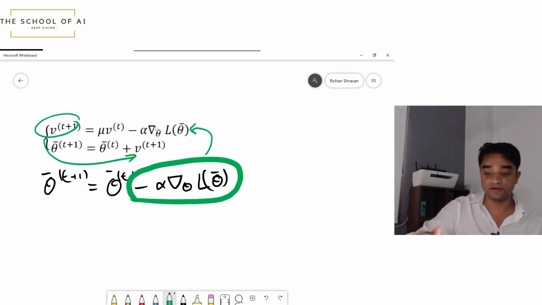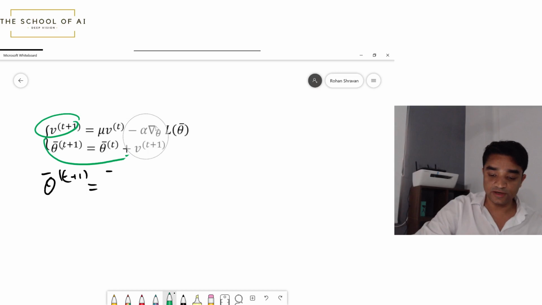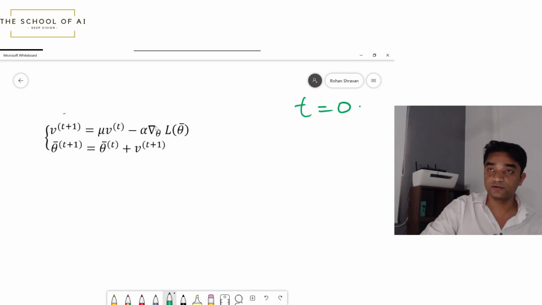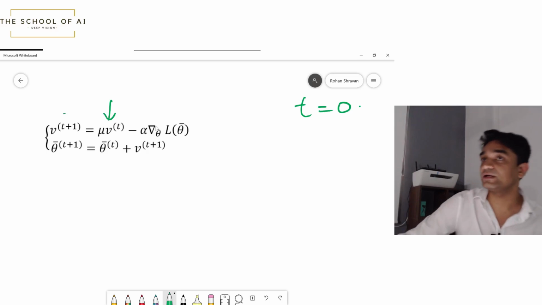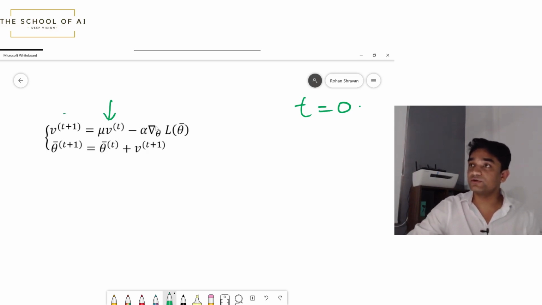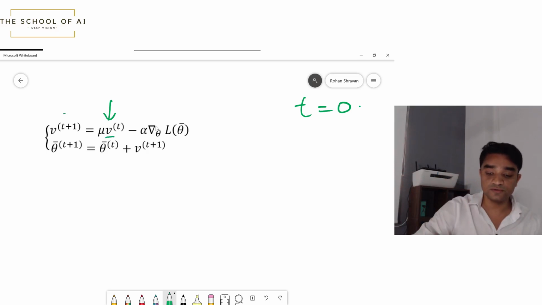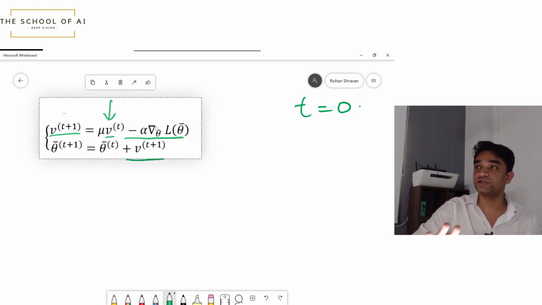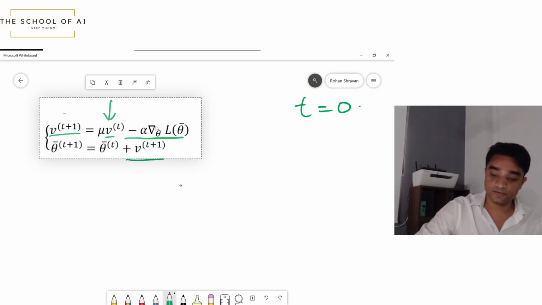Now let's see what actually is happening when we are doing such a thing. Let's start with t equal to 0. This v is called momentum. When time is equal to 0, there is no momentum there. The model has just started, which means our vt equal to 0. There's nothing which we are adding, which means that's the only term which we are going to calculate. That comes here and that comes here. Same equation, no change. All right.